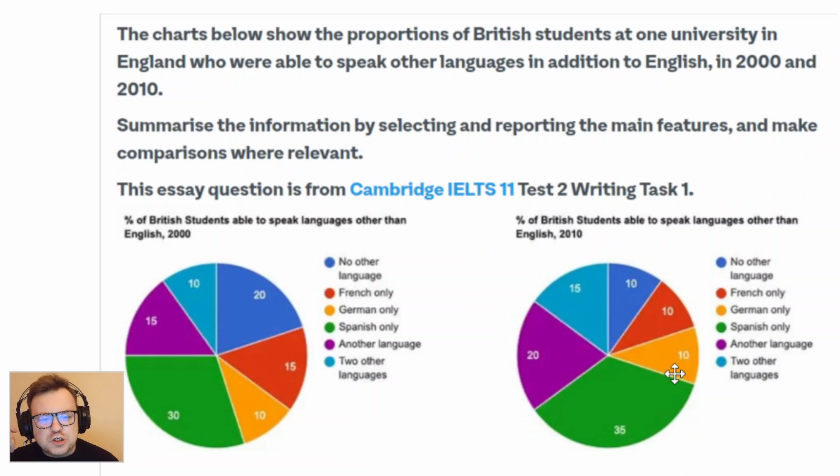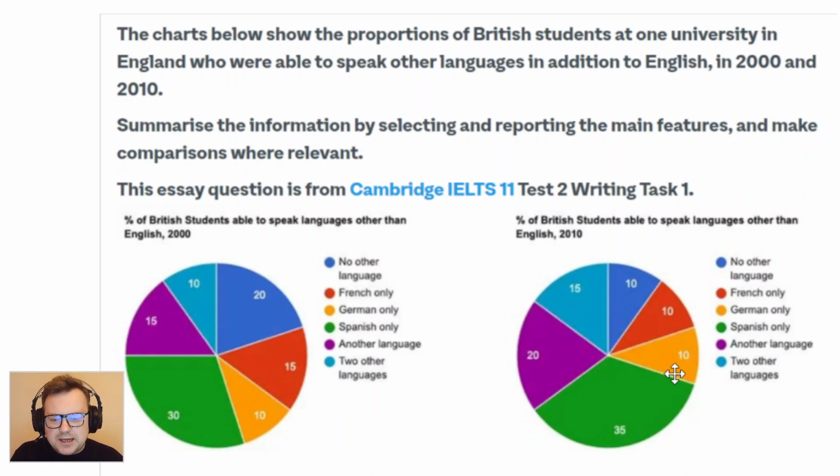The percentage of British students, not the foreign students, just the British students, not of all universities, but British students at one university in England. So, who were able to speak other languages in addition to English. So, a British student at an English university who can speak not only English, but another language. Okay.